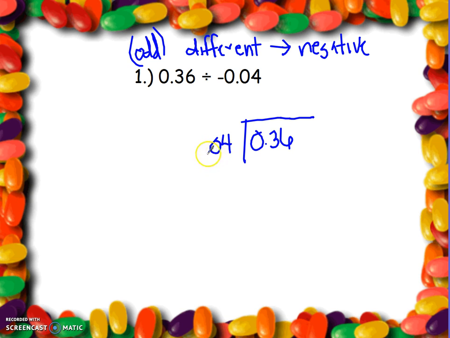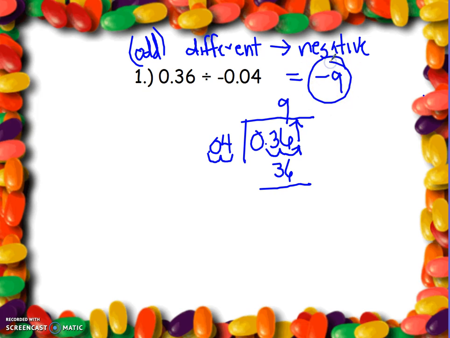We're going to have to hop this over 2 places in the divisor. Therefore, we're going to have to hop it over 2 places in the dividend. So now it just becomes 36 divided by 4. 4 can go into 36 9 times. So we get 9, and it is going to be negative 9.